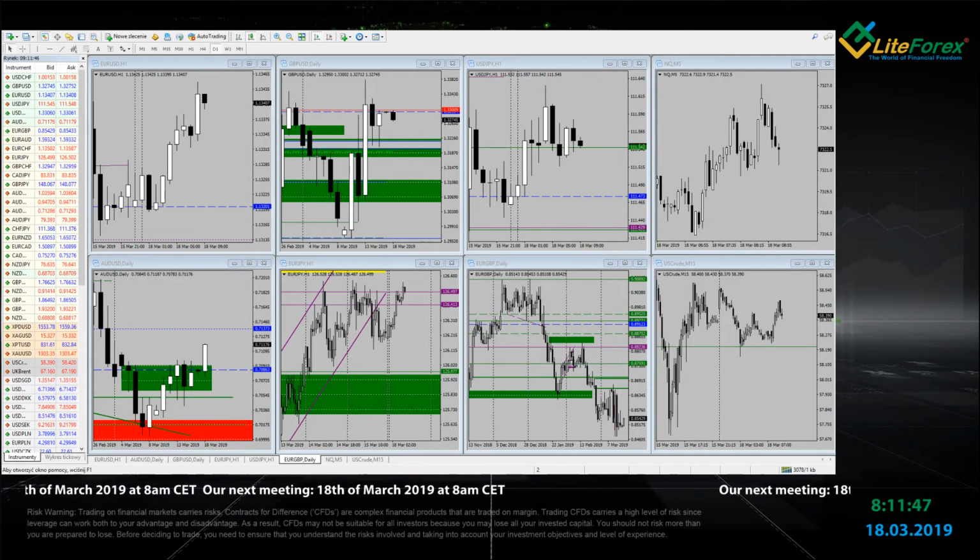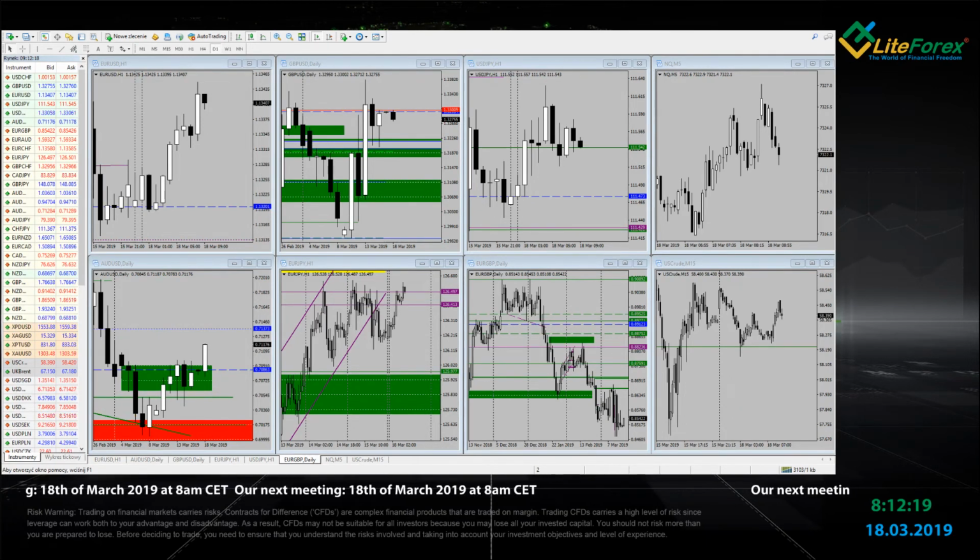Then in the afternoon, nothing special on the data front out of the US, but we do have the UK Parliament Brexit vote tomorrow afternoon or late afternoon, and that might lead to again higher pound volatility. And it might be quite important ahead of the Bank of England rate decision, right?